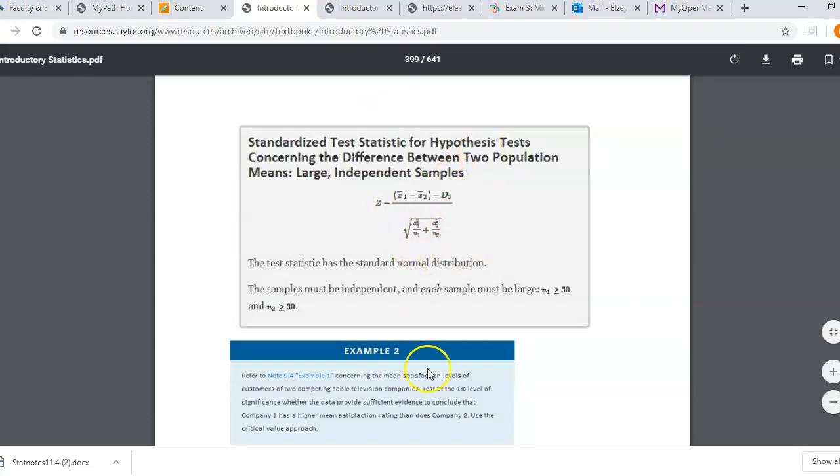So let's actually do this on a separate sheet.